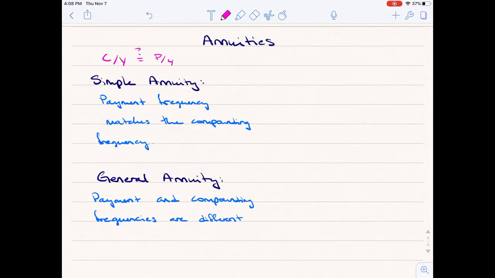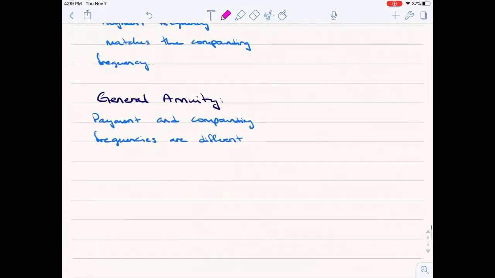If it does, you've got a simple annuity, right? If you don't, you've got a general annuity, and you'll need to calculate I2.